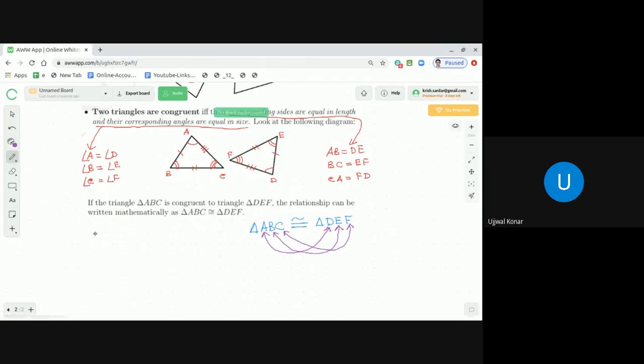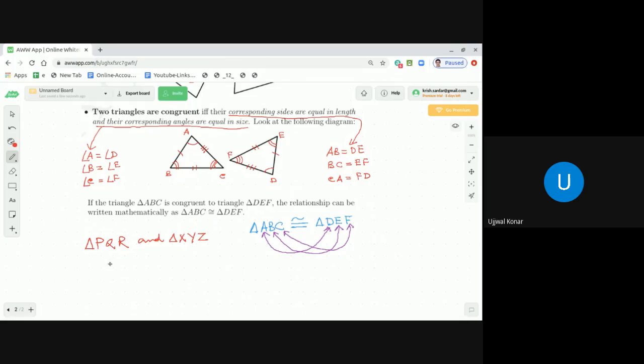Suppose you have two triangles, and one triangle is triangle PQR, and the other triangle is triangle XYZ.